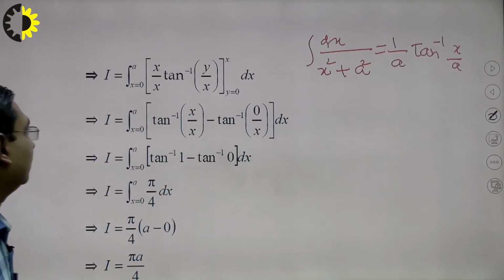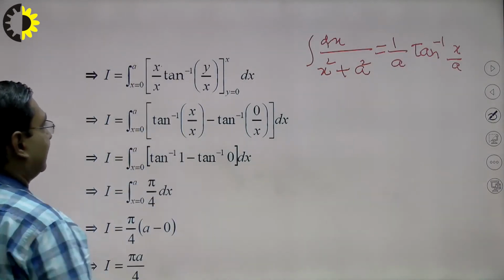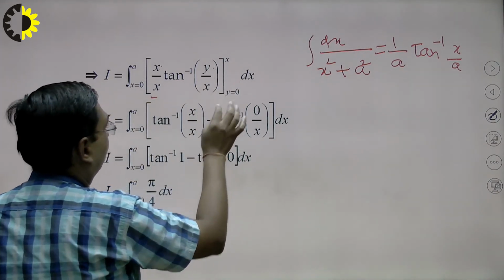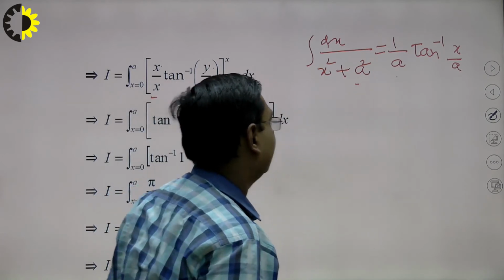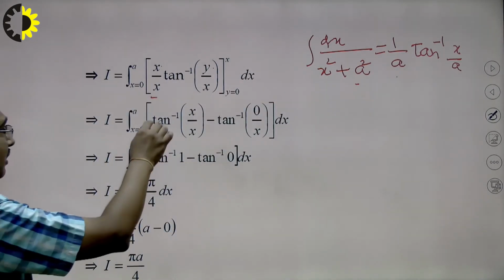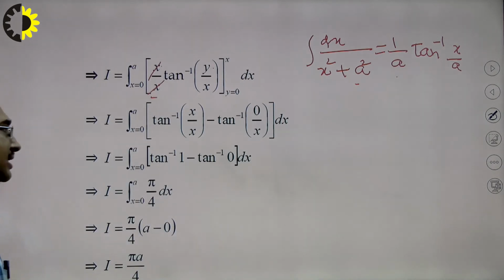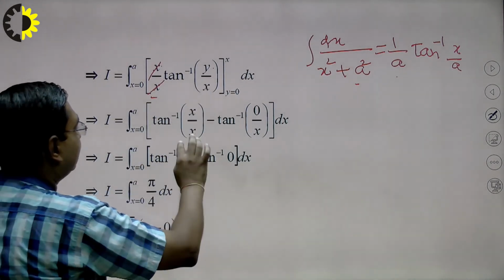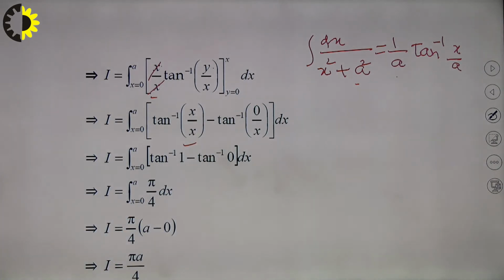Applying the formula, it is constant 1 upon a tan inverse y upon x, because a will be x here and x will be y. Now these two terms cancel out. Applying the upper limit, it gives tan inverse x upon x.